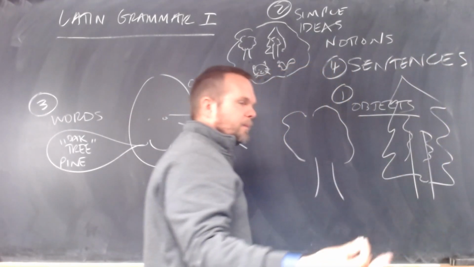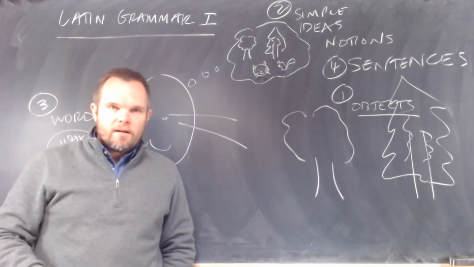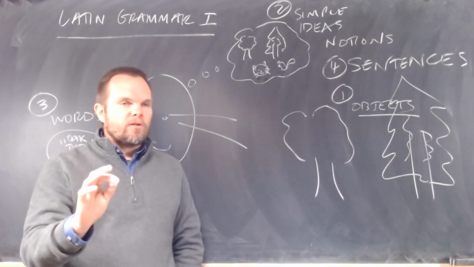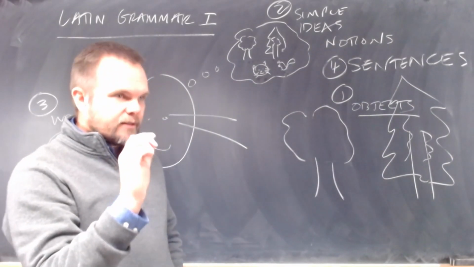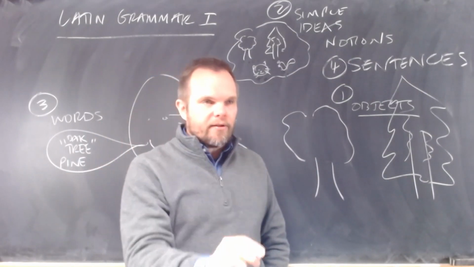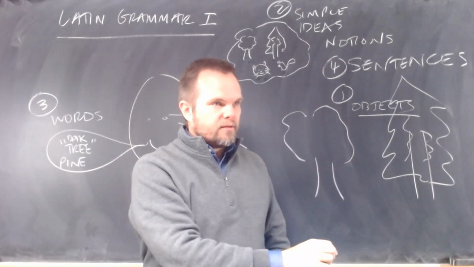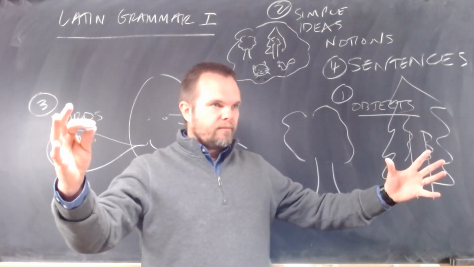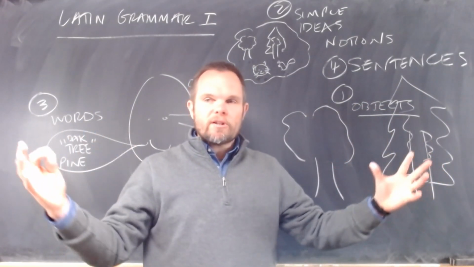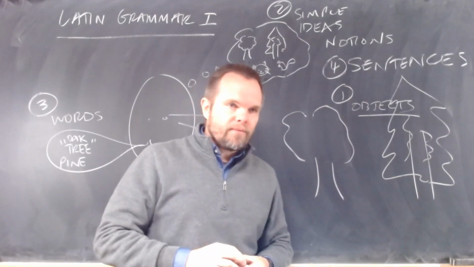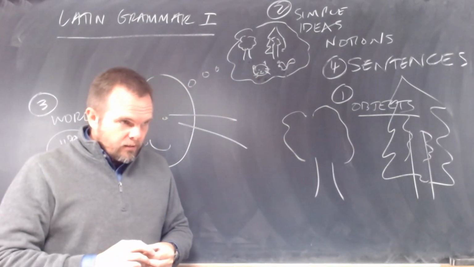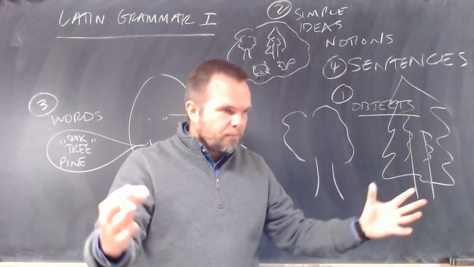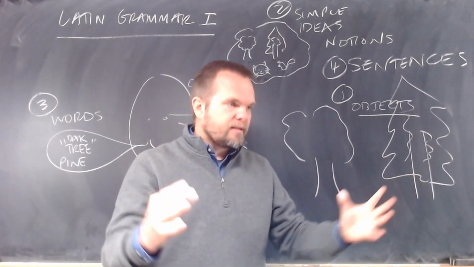Sentences, or just speech. In a sentence, here's what we do. In a sentence, we join together different ideas to make one big complicated idea. In a sentence, we join together ideas to express a complicated idea, a complex idea.